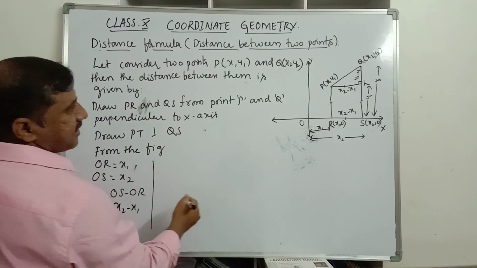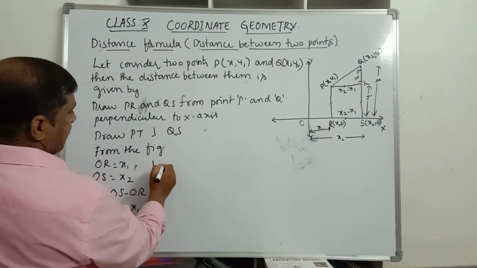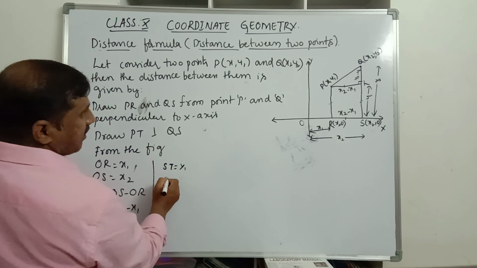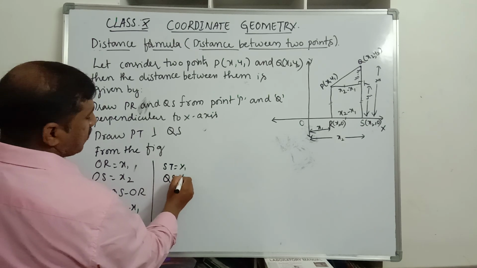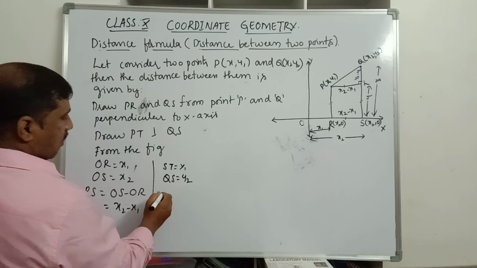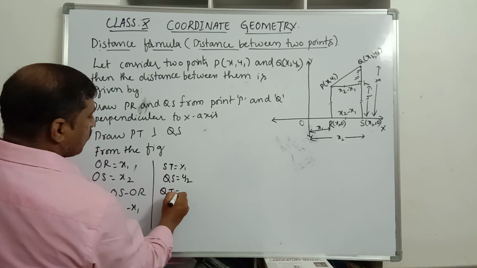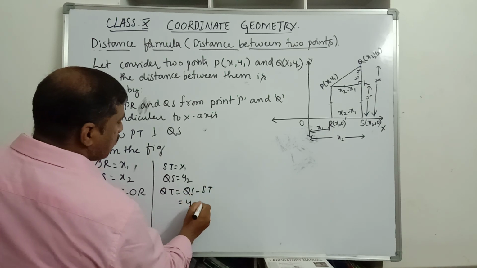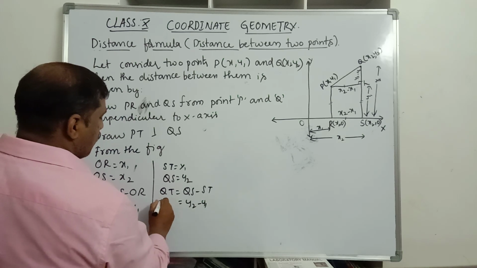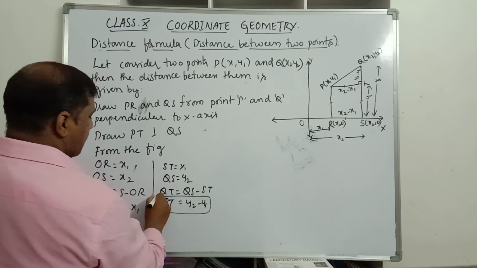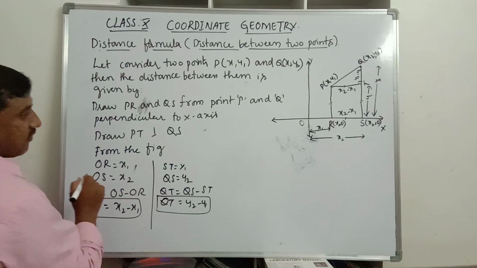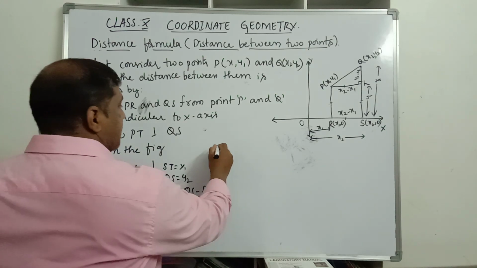Similarly, ST is equal to y1 and QS is equal to y2. Now QT is equal to QS minus ST, that is y2 minus y1. QT is y2 minus y1. RS is x2 minus x1.